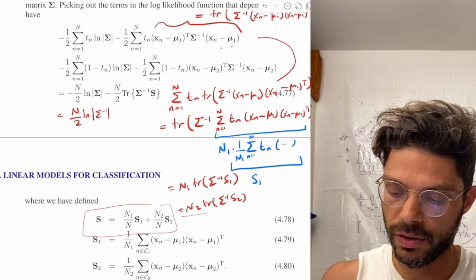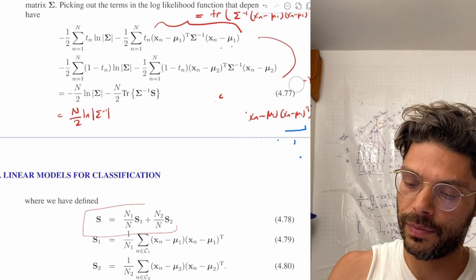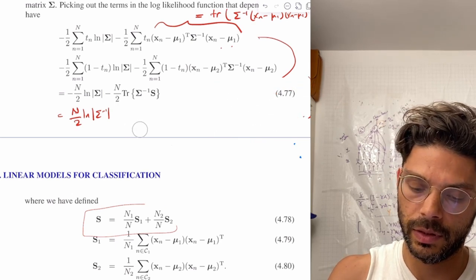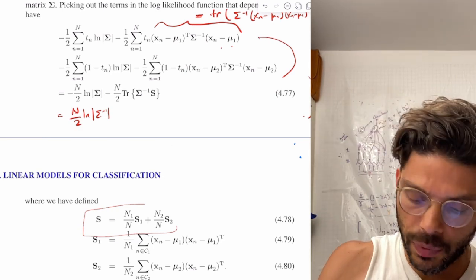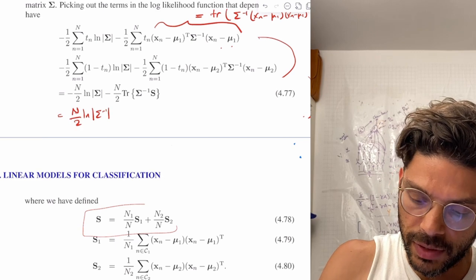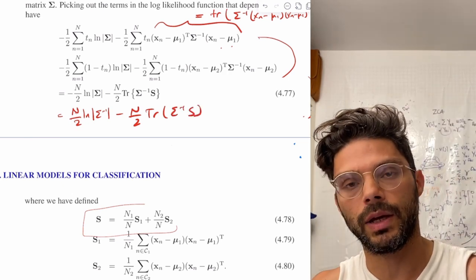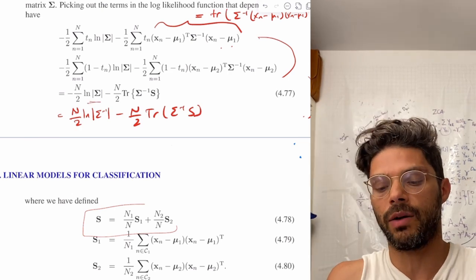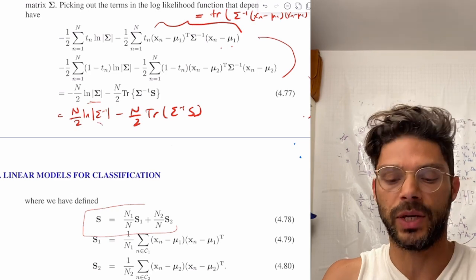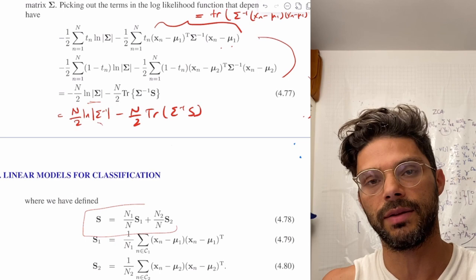So just very simple. Now let's do the final bit. Hopefully you now understand where the various bits come from. So now we've got N over 2 trace of sigma^-1 S. The reason why I switched over to sigma^-1 is because we can parameterize in terms of precision instead of covariance.